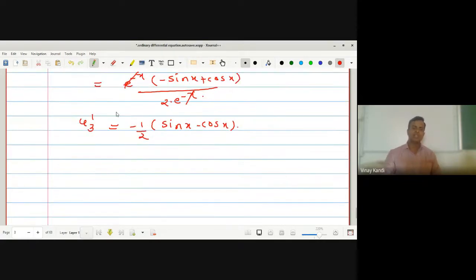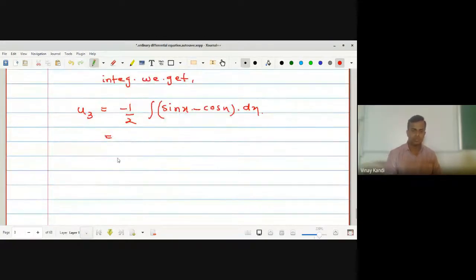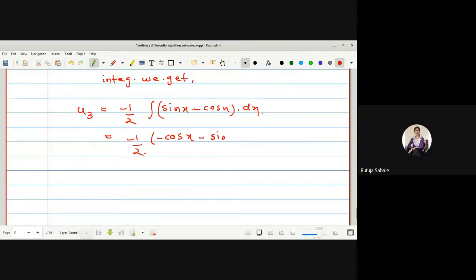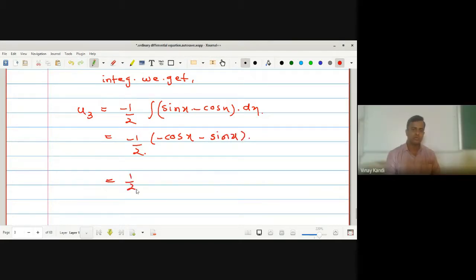Integrating, we get u3 is equal to minus 1 by 2 integration of sin x minus cos x dx, which is equal to minus 1 by 2 [integration of sin x is minus cos x, integration of minus cos x is minus sin x], which is equal to 1 by 2 cos x plus sin x.